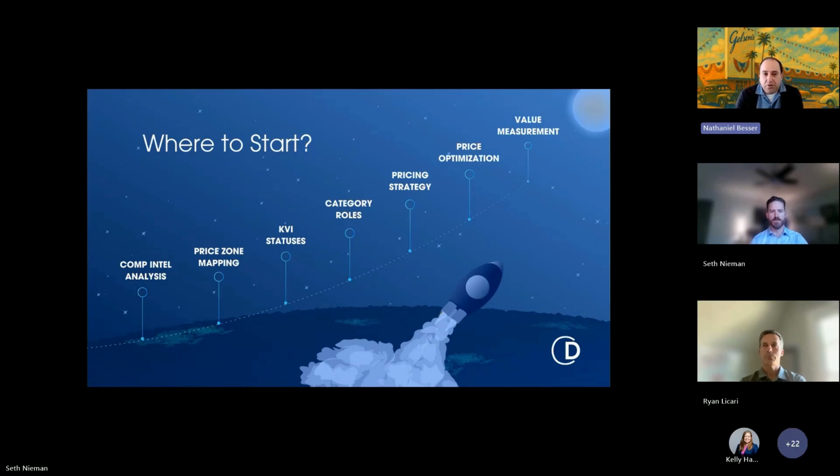Certainly, as with anything, you want to have a champion in the C-suite that is going to help usher the project through and get buy-in across the organization, and take it at your own pace.